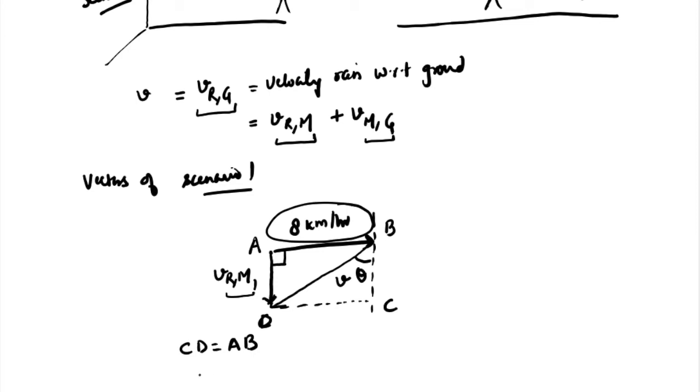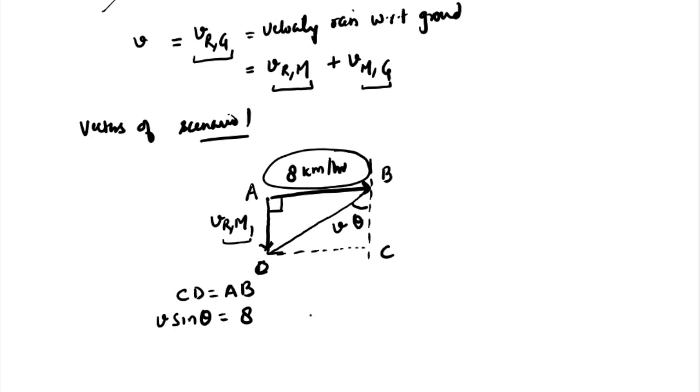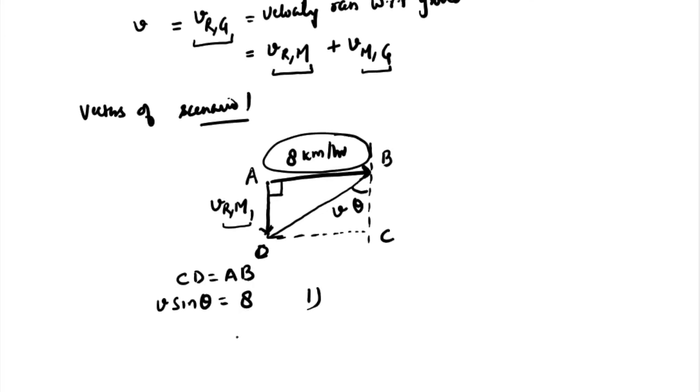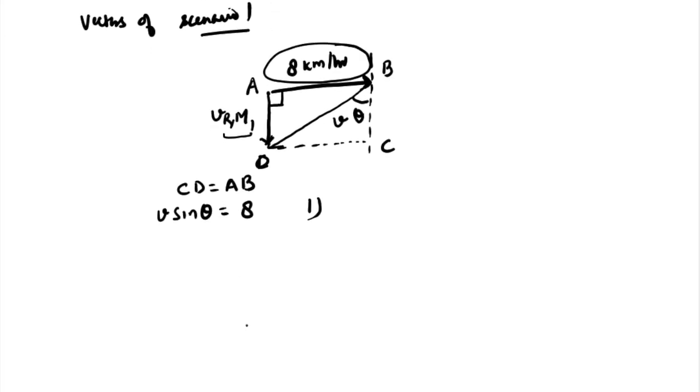So that means V sine theta is equal to 8 kilometer per hour. So that's our first equation, and this is something we would be using subsequently when we discuss scenario 2. And what does scenario 2 look like?